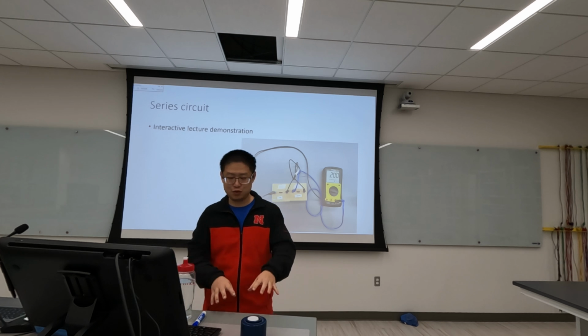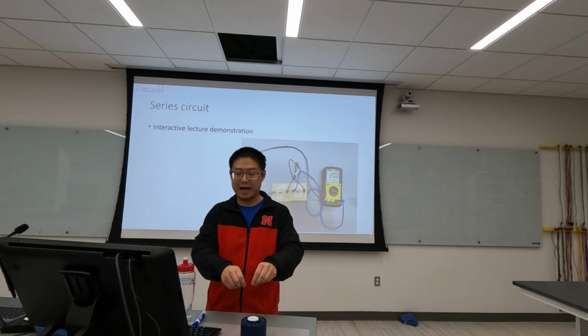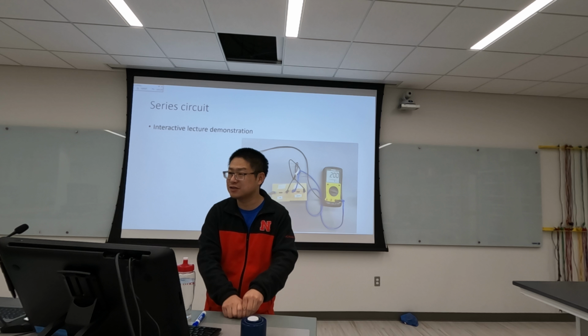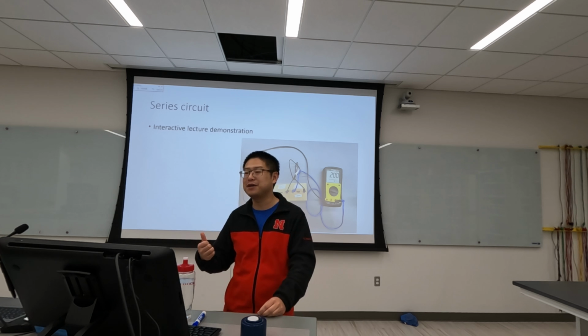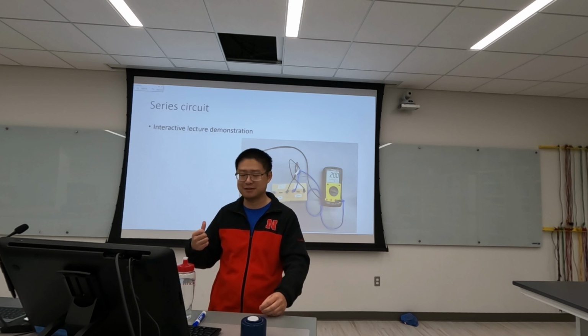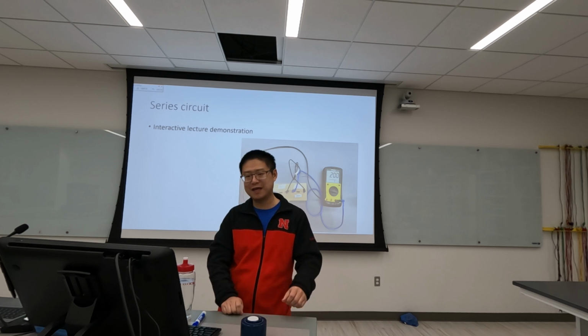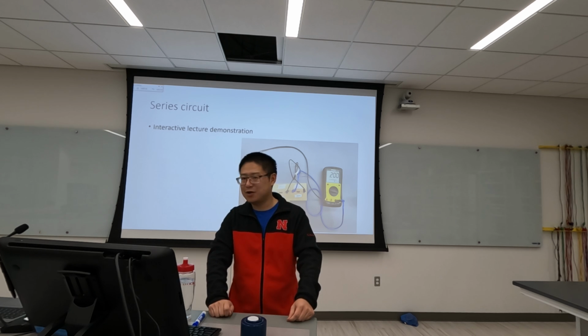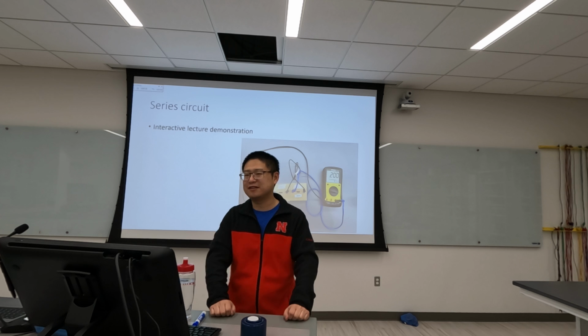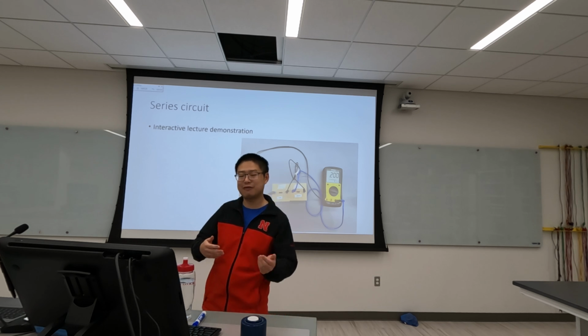So here I have two resistors. I connect the two resistors in series, and I have the multimeter which can measure the resistance. I need a volunteer to help me obtain the resistance of the two resistors in series. So what value did you get?